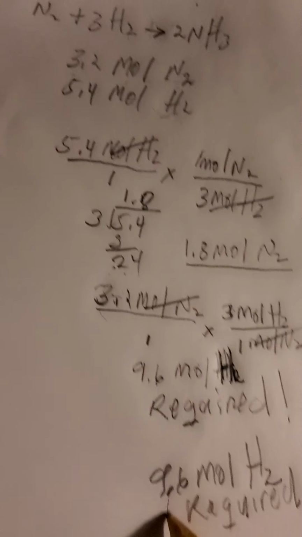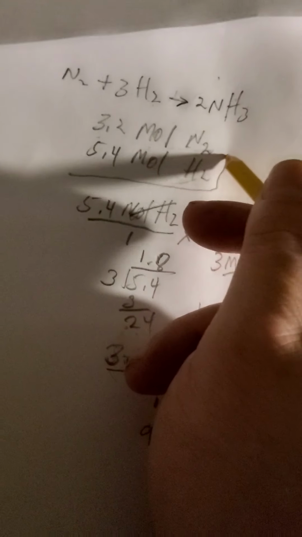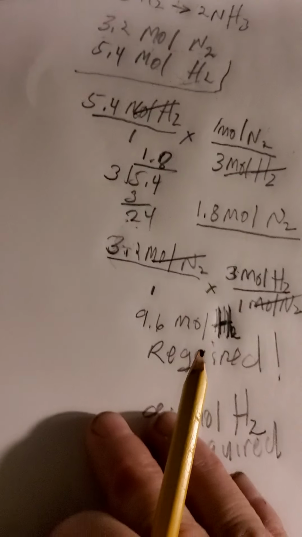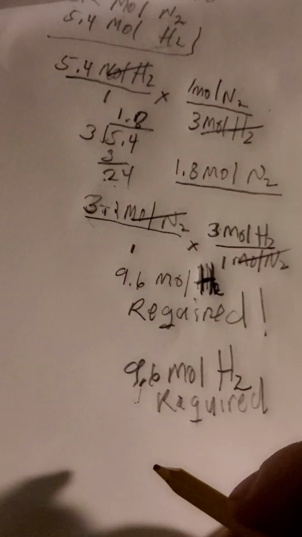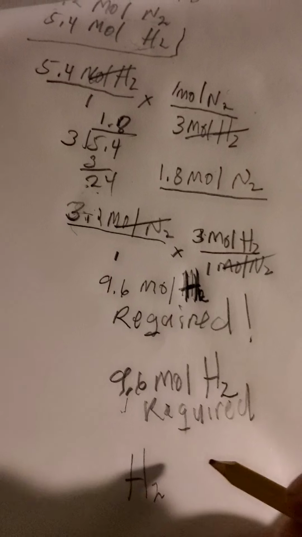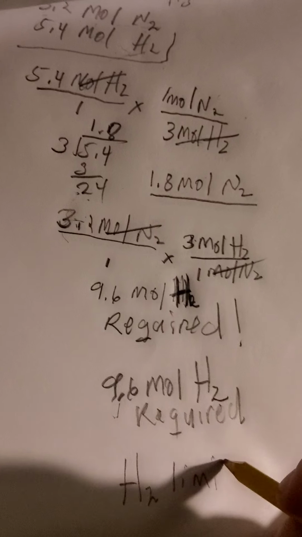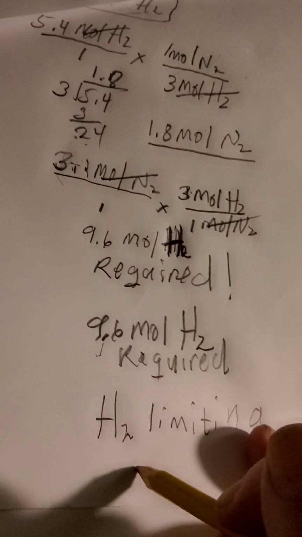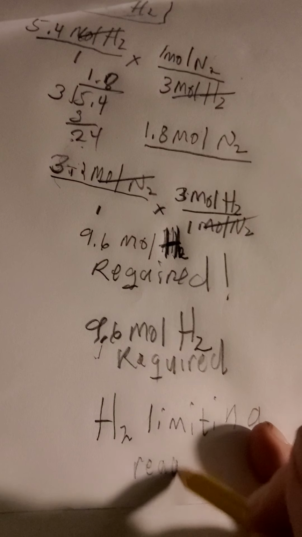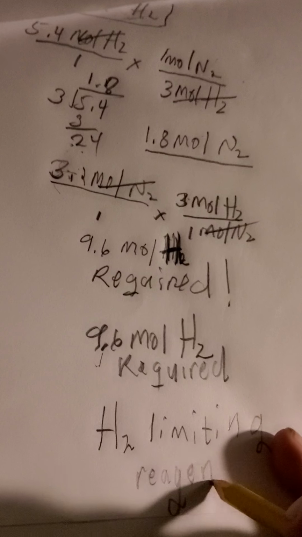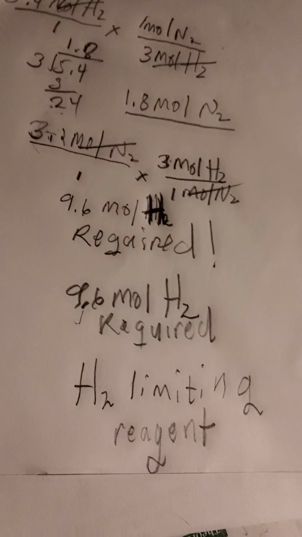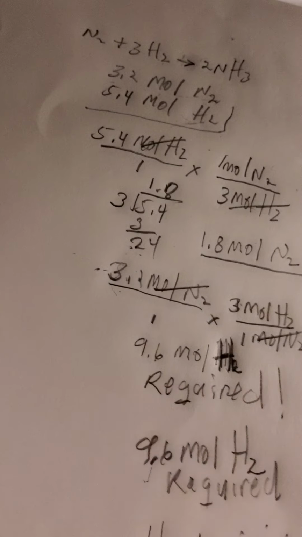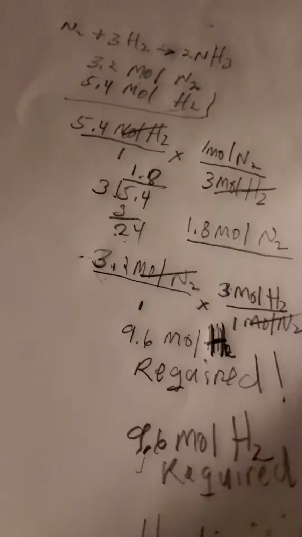But you don't have 9.6 moles, do you? You only have 5.4 moles available. So therefore, diatomic hydrogen is the limiting reagent, because you only have 5.4 moles of hydrogen available to complete that reaction, right?